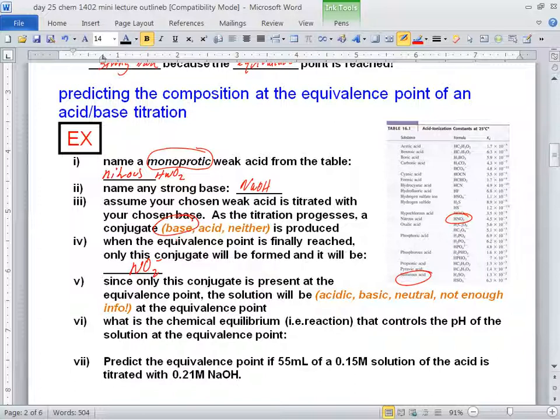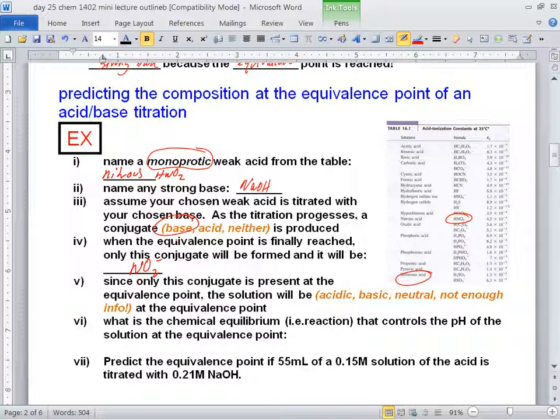So it's a weak acid, so it's pretty much all HNO2. And then you add NaOH, all that HNO2 gets eaten up because it's an acid, NaOH is a base. You produce the conjugate base NO2 minus. And you better quit because Enrique said stop adding NaOH, right? So it's only NO2 minus at the equivalence point.